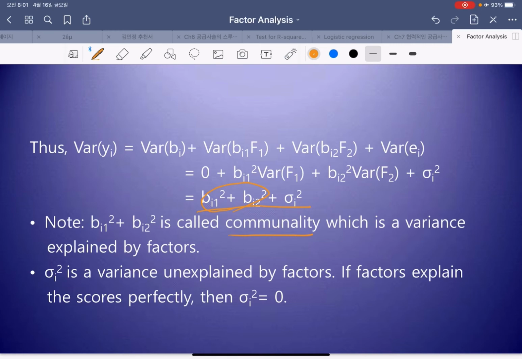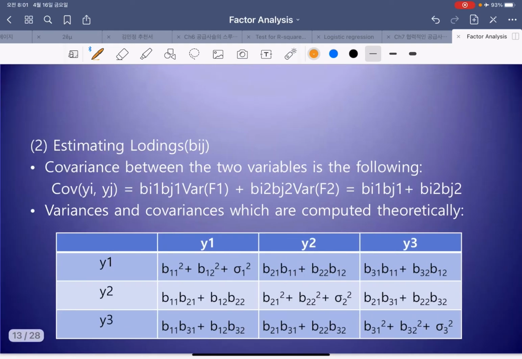And in this case, sigma square is the variance unexplained by factors, right? If factors explain the scores perfectly, then sigma square is equal to 0, right? And covariance between the variables turns out to be this, right? By using the assumptions.